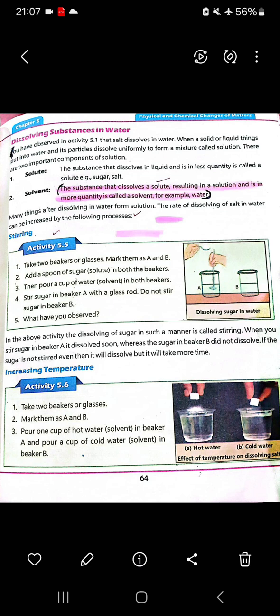Stirring helps the dissolving of sugar in water. So stirring increases the solubility of the solution.